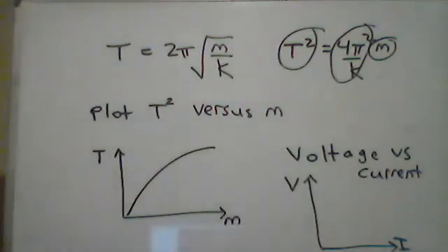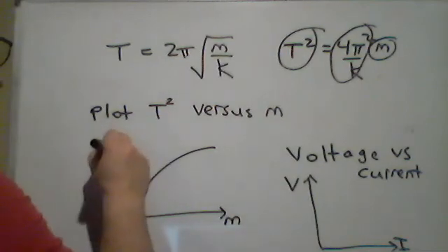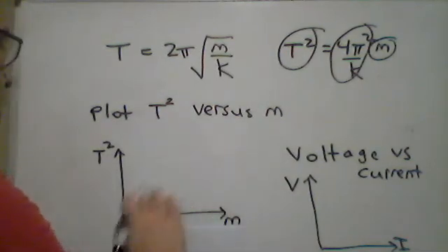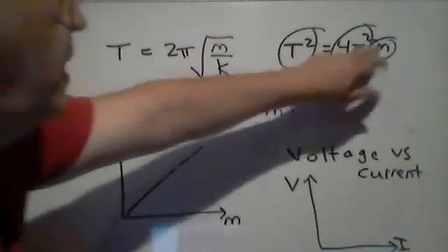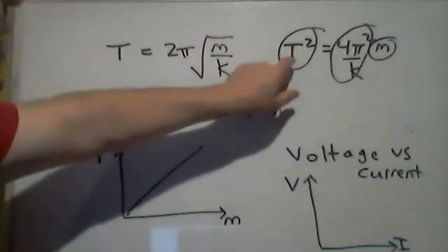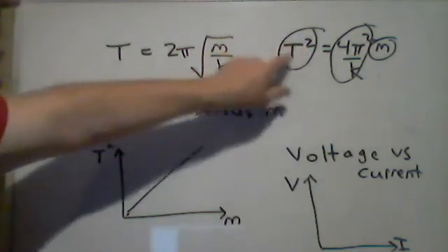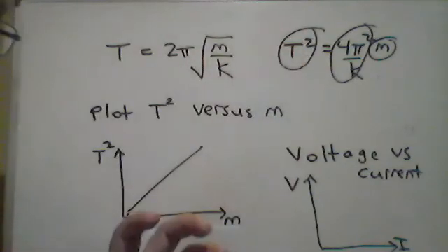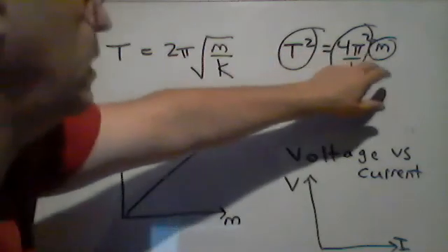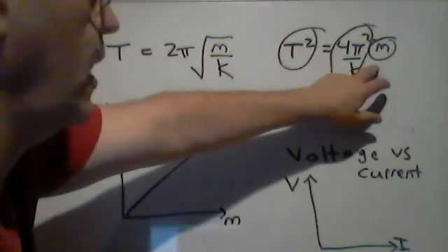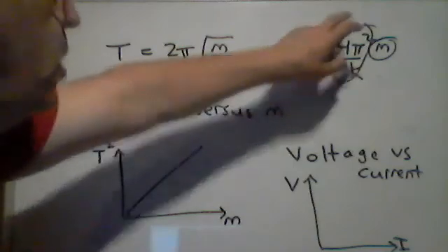I've linearized the equation. I no longer have a square root form. I now have a line, like y equals mx. I'm changing variables. I'm not considering t, but t squared, and this is the independent variable m. This ends up forming a slope.